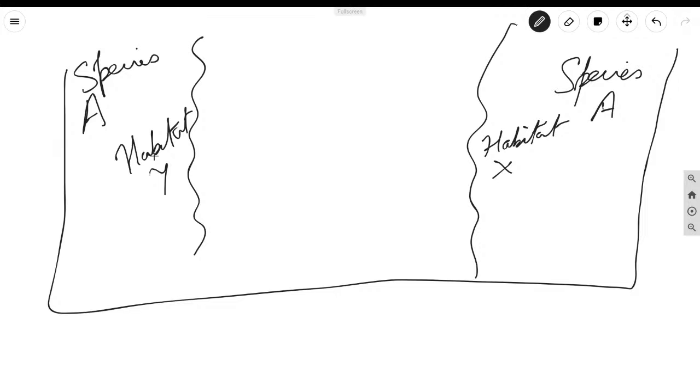So when you are subject to different types of habitat in a huge area, but the same area, not segregated by a non-traversable physical barrier, then due to selective pressure, a different habitat, a different environment is putting selective pressure on species A, and a different habitat is putting selective pressure on species A again.